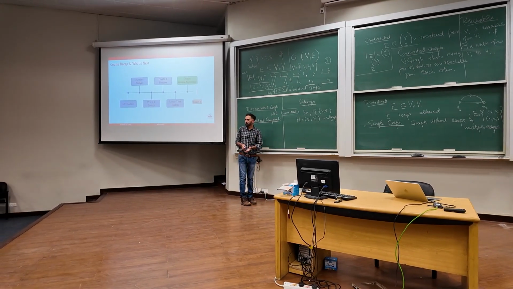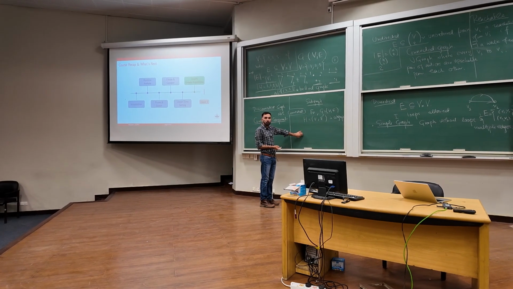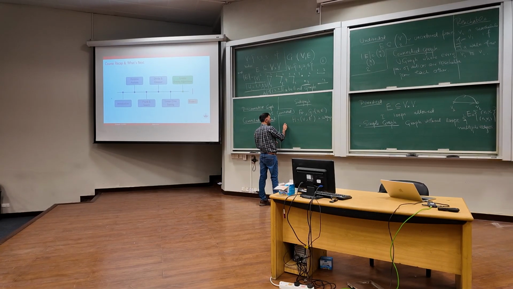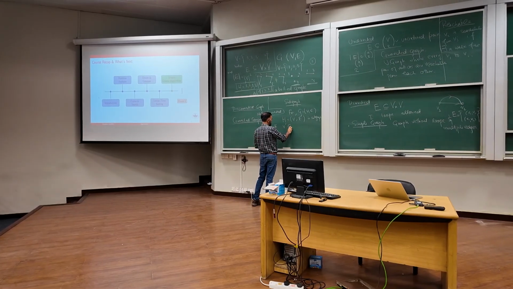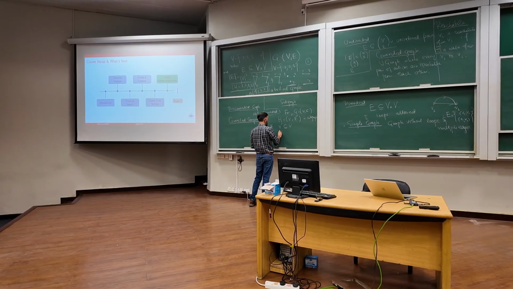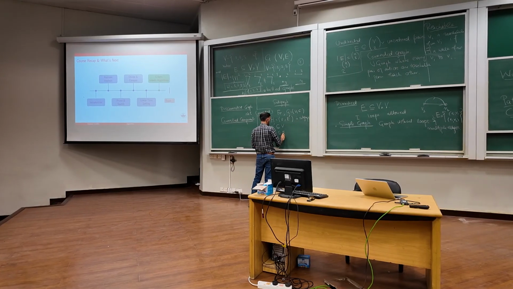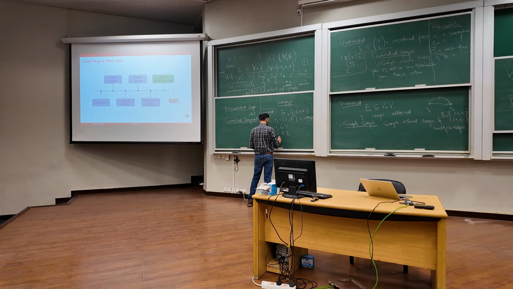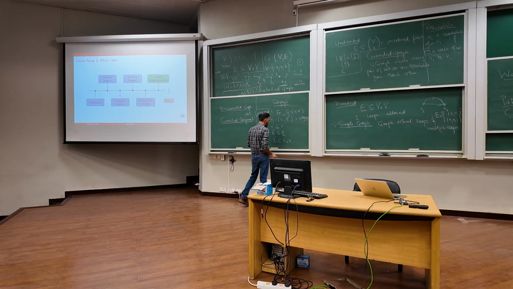What do you expect subgraph to be? You already know this, right? From discrete or data structures. It's a subgraph if three things happen. V dash must be a subset of V, E dash must be a subset of E, and E dash must also be subset of V dash cross V dash.